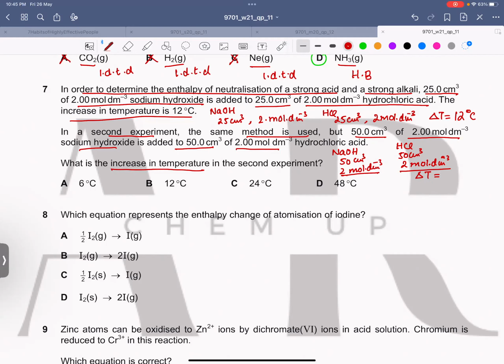The volume just gets doubled, right? We are using more volume, but that doesn't make any difference because there are more moles now. So the change in temperature that you will get here would be the same as the previous case. It would still be 12 degrees Celsius. So A, C, and D are wrong, and B will be your correct answer.